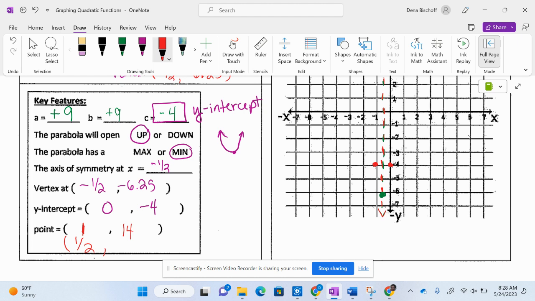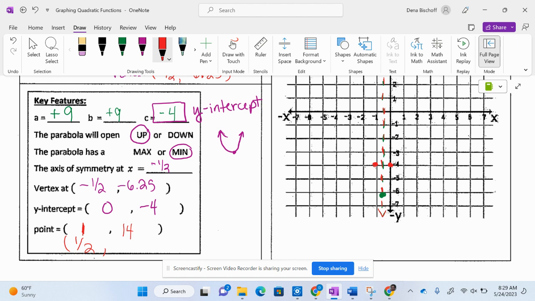9 times. You guys have to do this. So 9 times 1/2, quantity squared. I'm going to write this nice and dark so you guys can see it. 9 times parenthesis 1 divided by 2, close your parentheses, squared, plus 9 times 1 divided by 2, close your parentheses, minus 4.